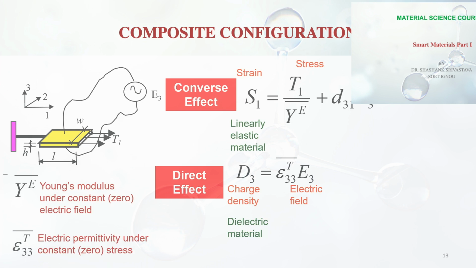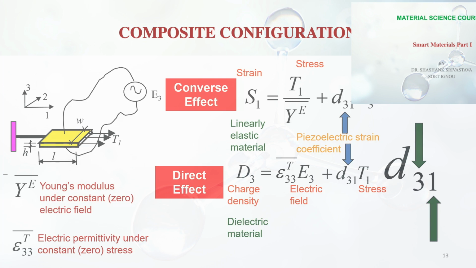Here epsilon 33 with superscript T is the electric permittivity under constant stress. Now on account of the direct effect, there will be additional charge also, that is the stress will give rise to charge, and what we find between the two equations is a common term D31. This is called the piezoelectric strain coefficient.